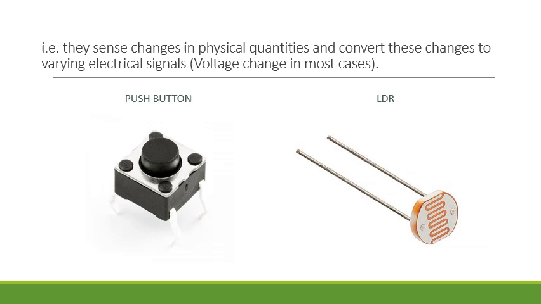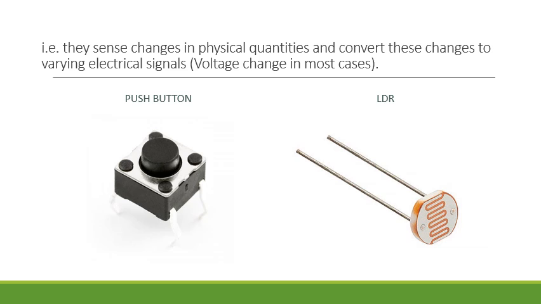Once the resistance changes, it is going to send the signal in the form of voltage to the Arduino. So as the amount of light falling on the LDR changes, the voltage that the Arduino detects changes. That's a sensor. It senses the amount of light falling on it and changes it to an electrical signal, that is voltage, that is read by your microcontroller, Arduino in this case.